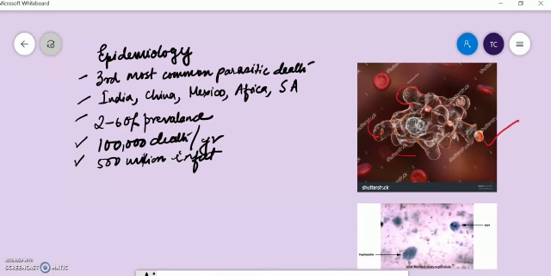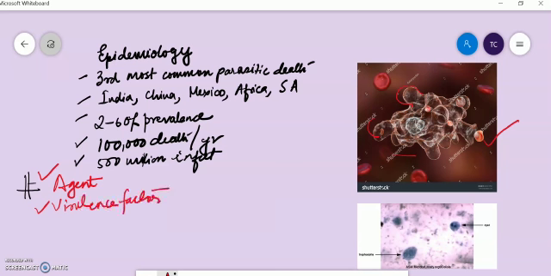Next are the epidemiological determinants. What are the determining factors of your epidemiology? First, what is the agent, right? Next is the virulence factor. In the next class we will be discussing the virulence factor. The host factor, again the same thing. Some hosts will have acute symptoms, some hosts will have chronic symptoms, meaning no symptoms at all.